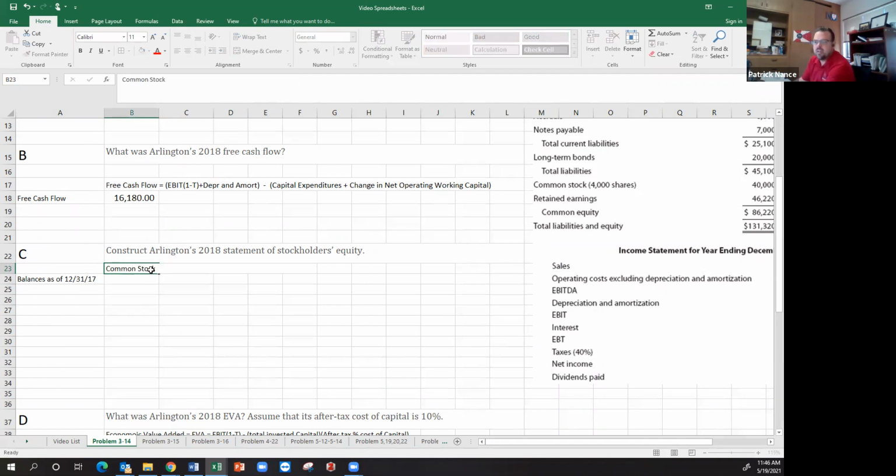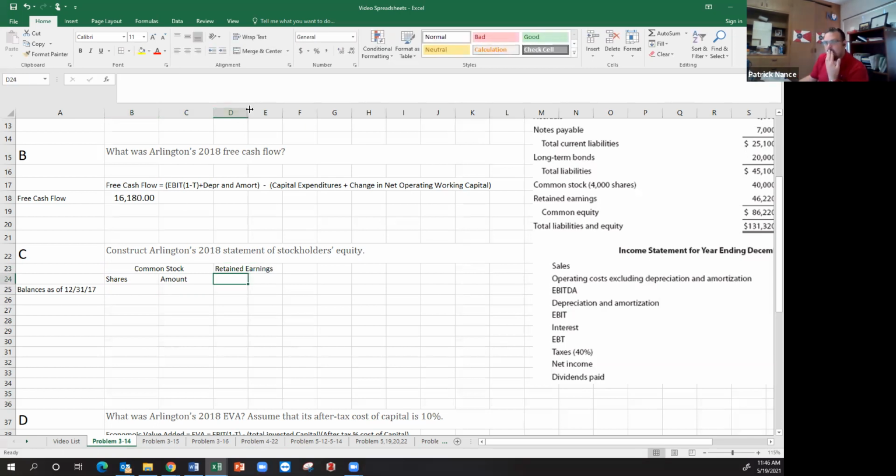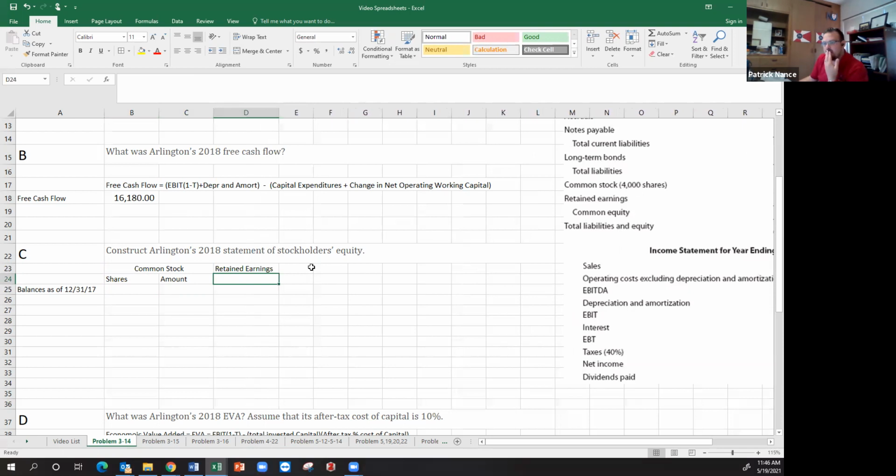Common stock, we'll label both in shares and the amount. Show shares of common stock and the amount of common stock. And we also want to figure out our retained earnings and eventually come to a total stockholders' equity.